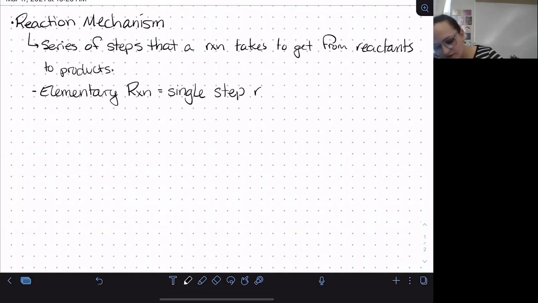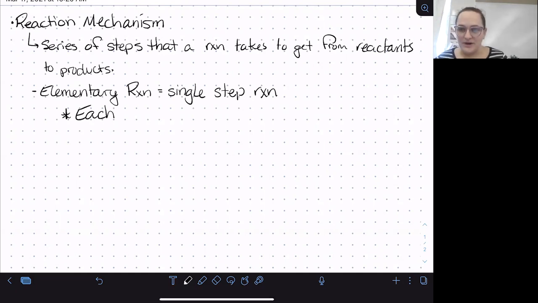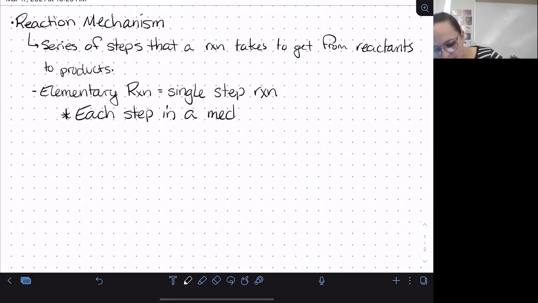So these are single-step reactions. Each step in a mechanism must be elementary in order for it to truly be a mechanism for that reaction. So each step in a mechanism is an elementary reaction.